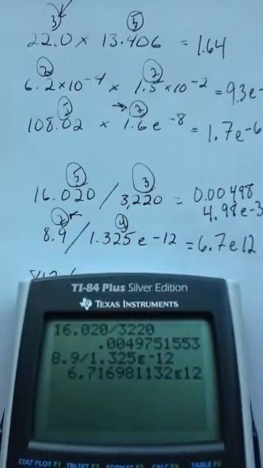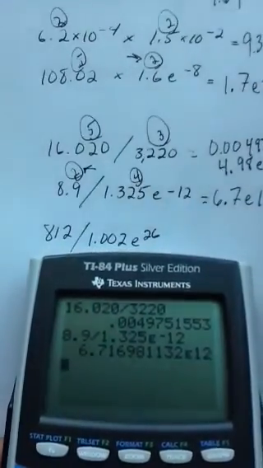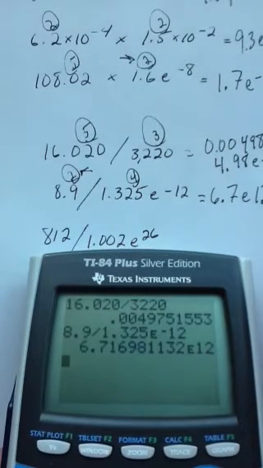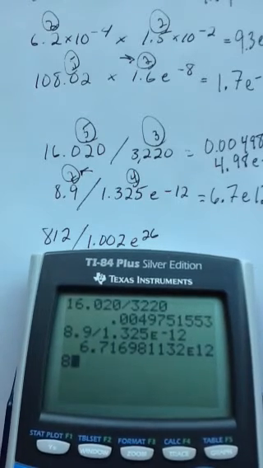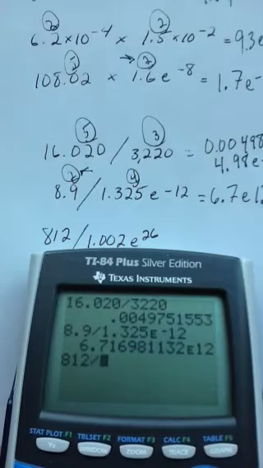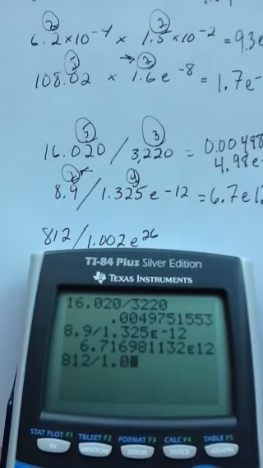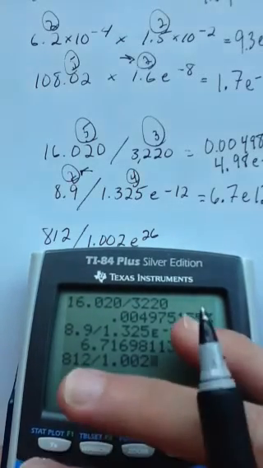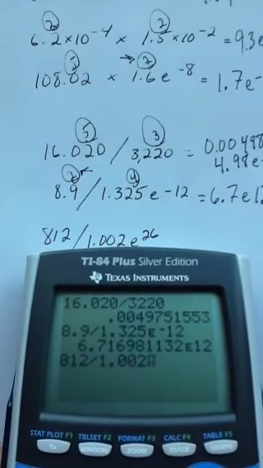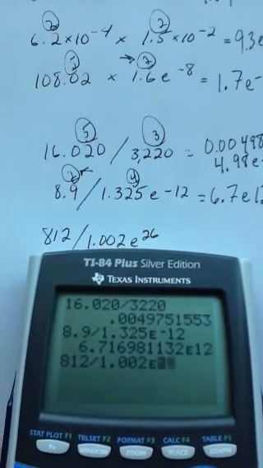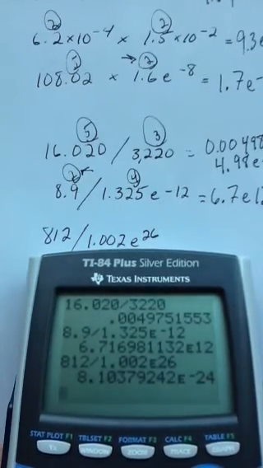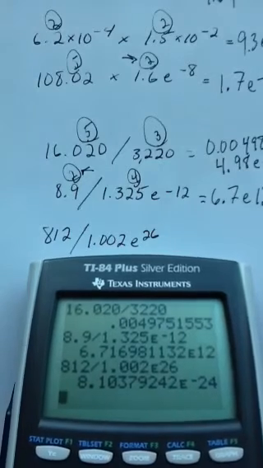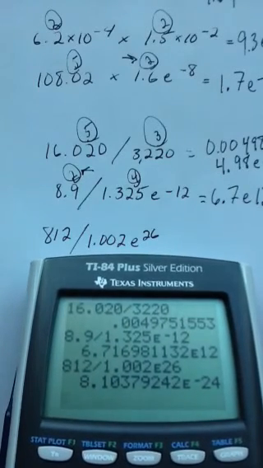Okay, and then we have the last problem here. We have 812 divided by 1.002 e to the 26th. And when we do that, we end up with this as our answer, 8.1037, etc., e to the negative 24th.